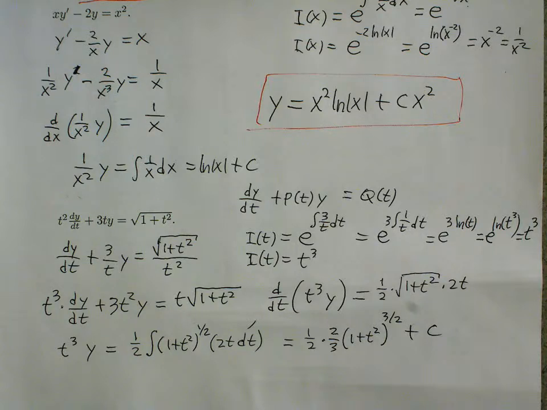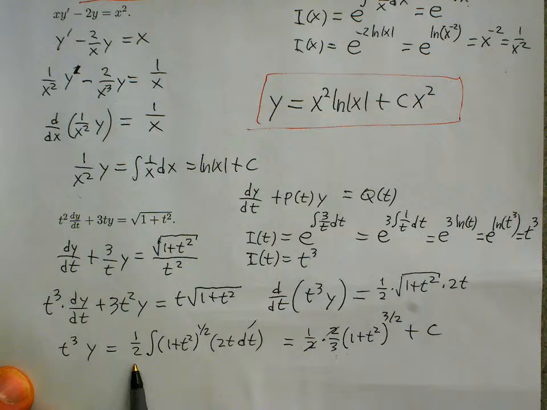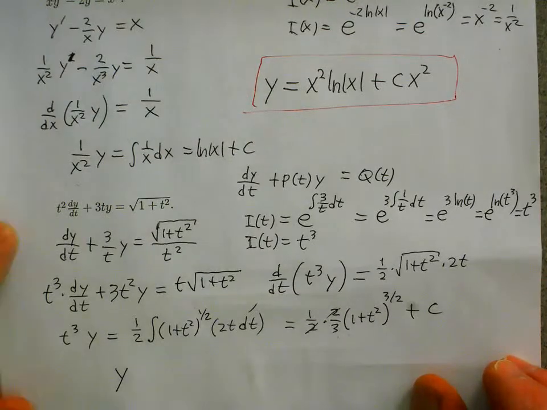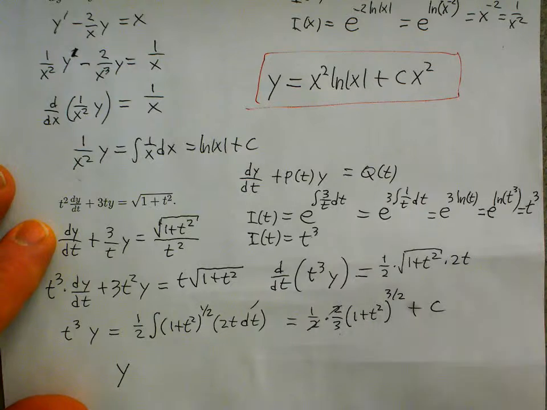Yes? Okay. So 1/2 times 2/3 is just 1/3. So we'll cancel those. And the goal is to solve for y. So now we just divide both sides by t to the third. So I'll write this in unsimplified form, but it's okay.